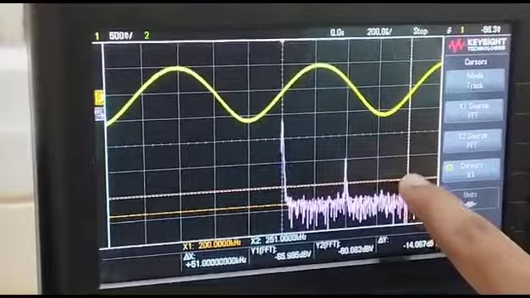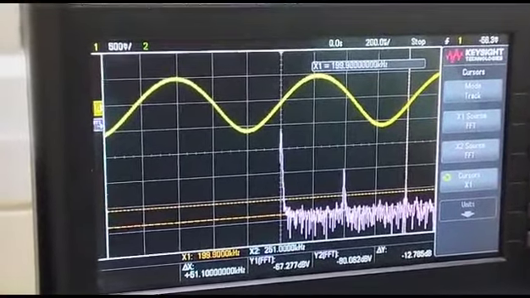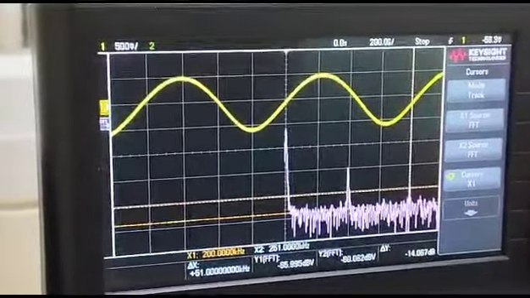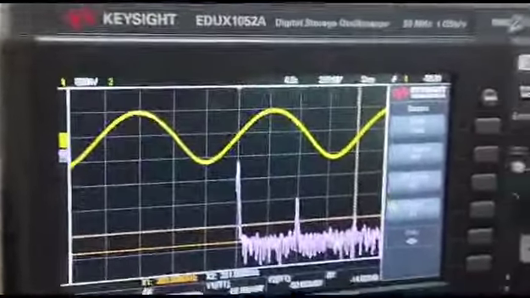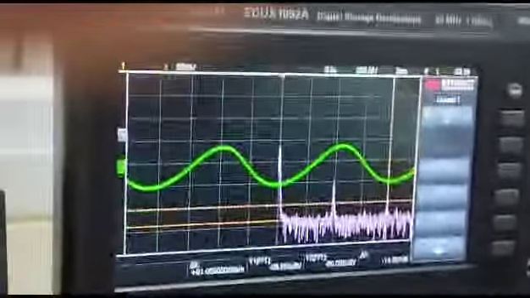This is the amplitude of the FFT at around 199 kilohertz, but the amplitude is at 200 because of some imperfection. Similarly, doing the same for the cos input.